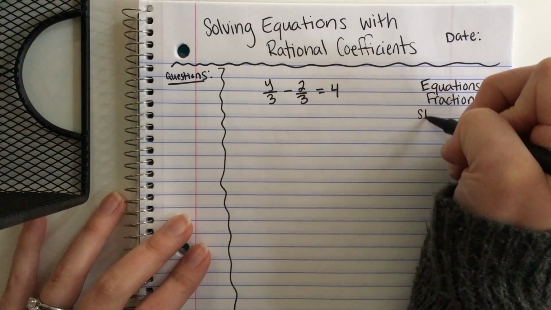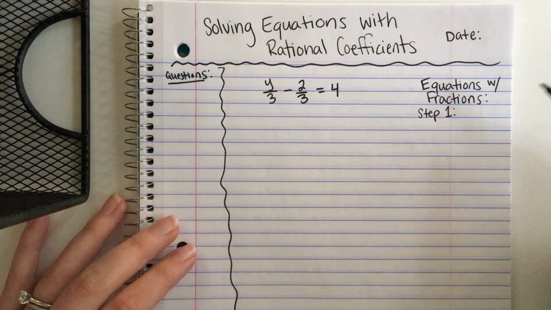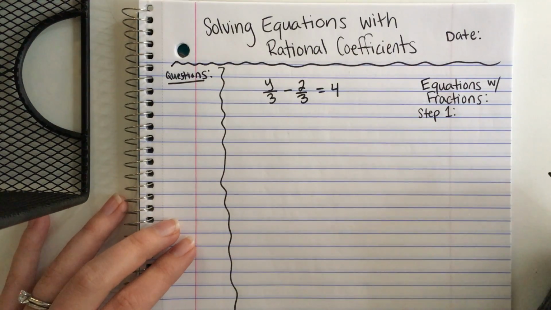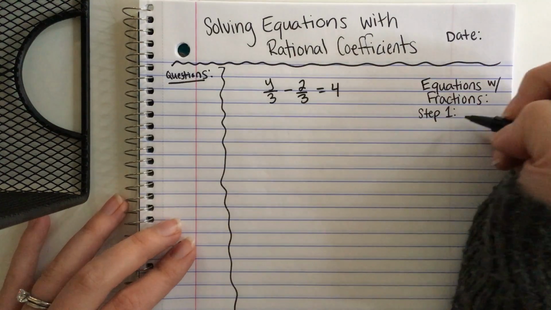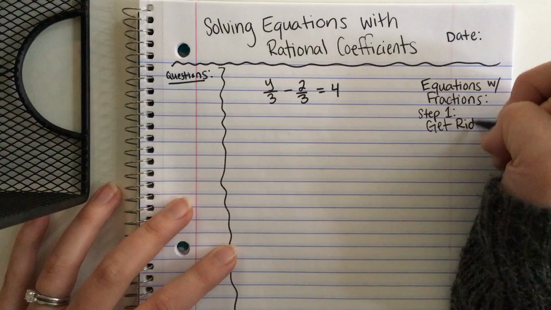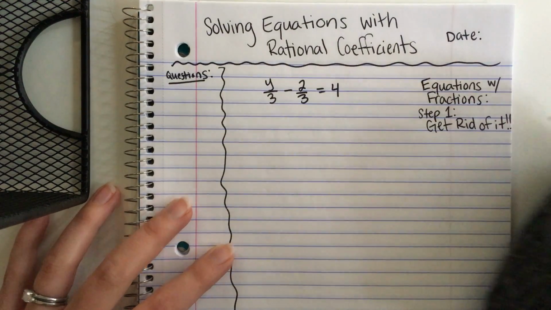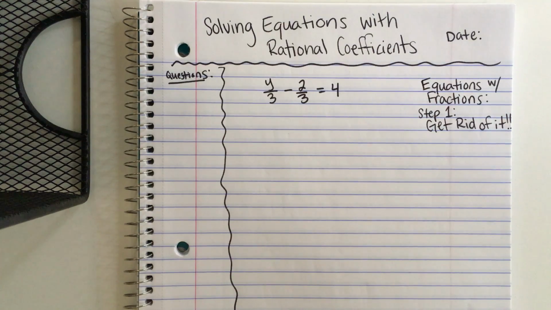Step 1. You ready? Step 1 of what to do when you have an equation with a fraction that you're trying to solve. Get rid of it. 100%. Just get rid of it. Get those fractions out of there. We can do that.